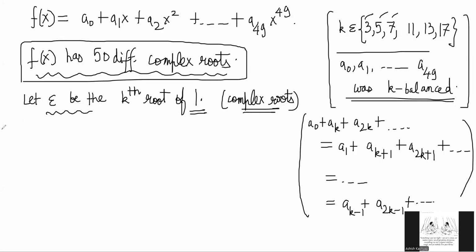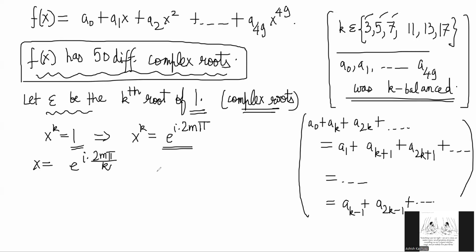So you should know from basic complex numbers, if you have x power k is equal to 1, what is the kth root? We can write this like this. X power k is e power i 2 m pi. And this is Euler's form of 1. And we can get x is equal to e power i 2 m pi by k, where m goes from 1 to k minus 1, right?